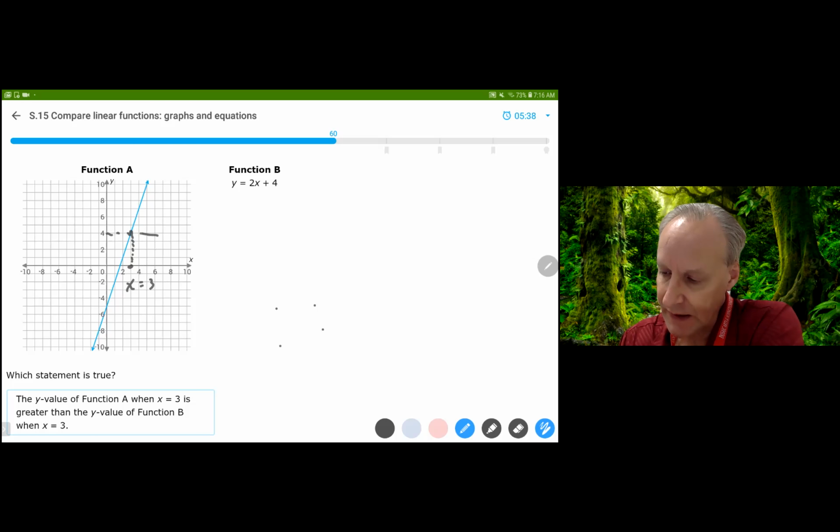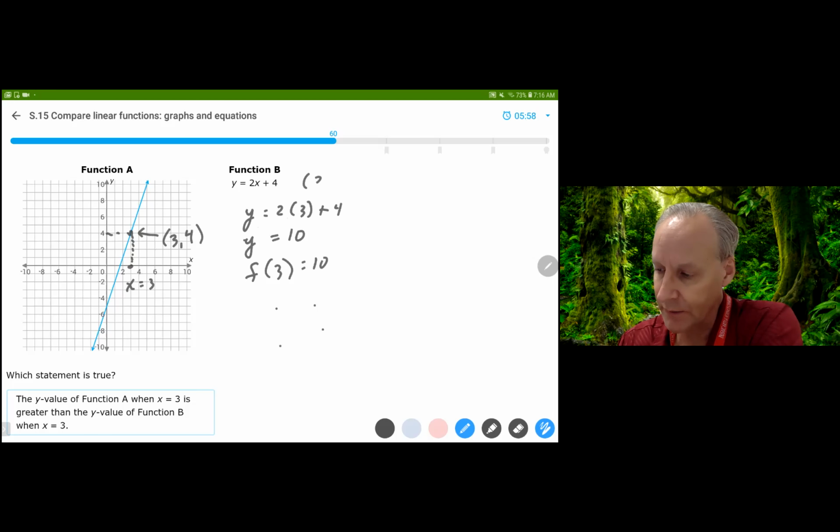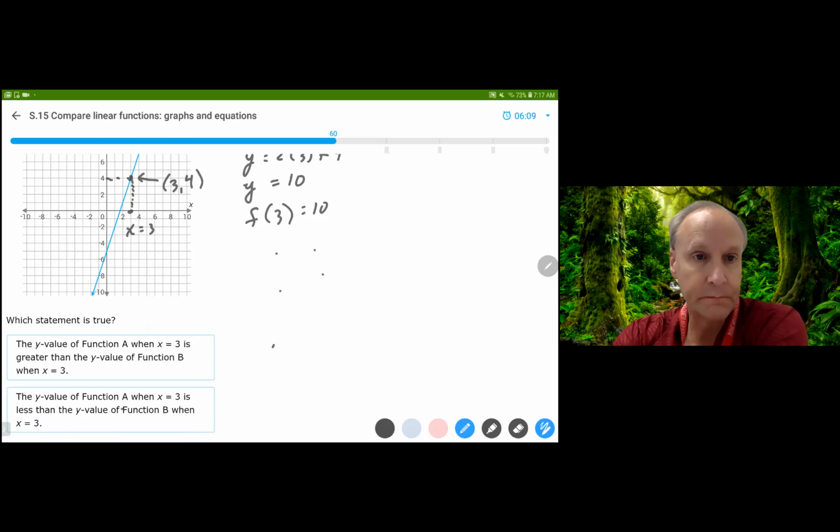So for function A, 3 goes to 4. For function B, y equals 2 times 3 plus 4, which is much higher. Another way of saying this is that f of 3 is equal to 10. Or we could write it as an ordered pair, 3, 10. So we want to say that the y value of function A when x equals 3 is greater or less. It happens to be less than B, doesn't it?